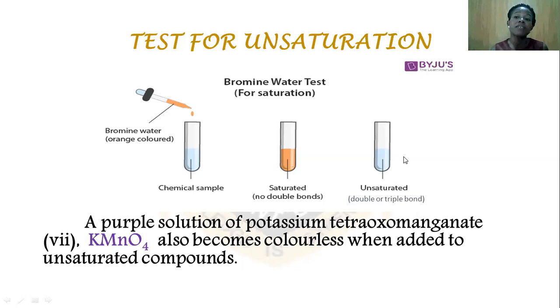So to actually test for unsaturation, you use bromine water. But for a saturated hydrocarbon, the color will remain unchanged. For bromine water, the color will remain orange, and for potassium permanganate, the color will remain purple.